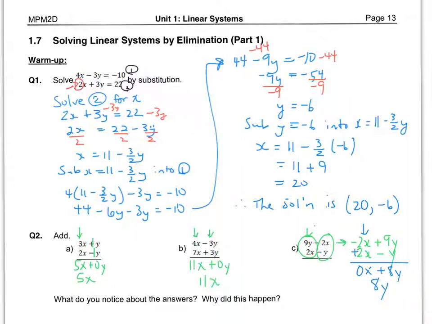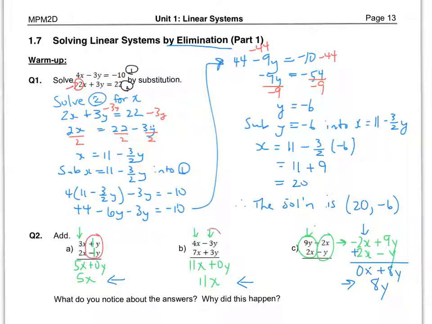So here's the word elimination, and notice we eliminated y, and in the last one we eliminated the x. So what do you notice about the answers? Why did this happen? I noticed that one of the variables was eliminated. And why this happened, let's look at our examples here. I had a positive 1y and a negative 1y.